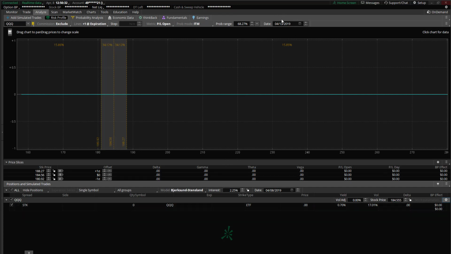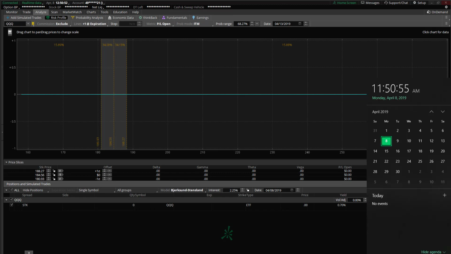Now up in this corner is what our deviation is going to measure. We want to know how far the expected move is between now, which is April 8th, and this date, which is April 13th. If we pop up the menu for the calendar, I should say, Friday is the 12th.